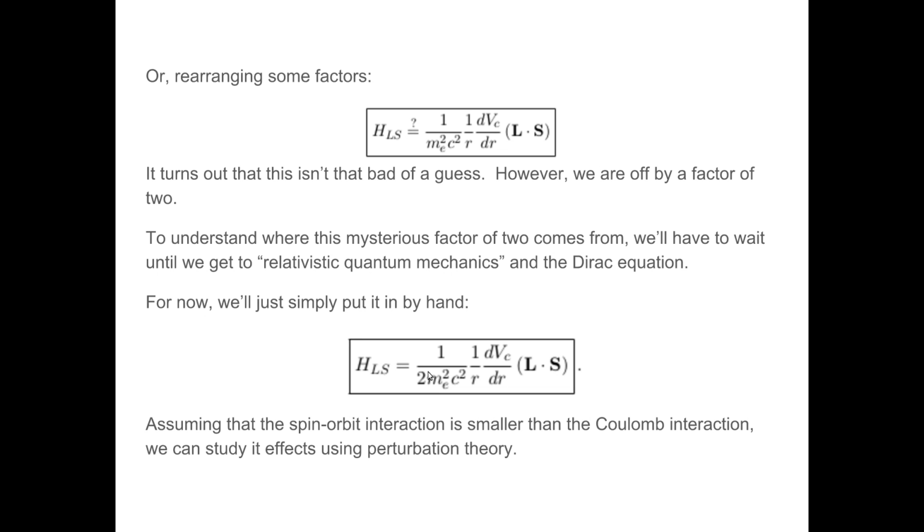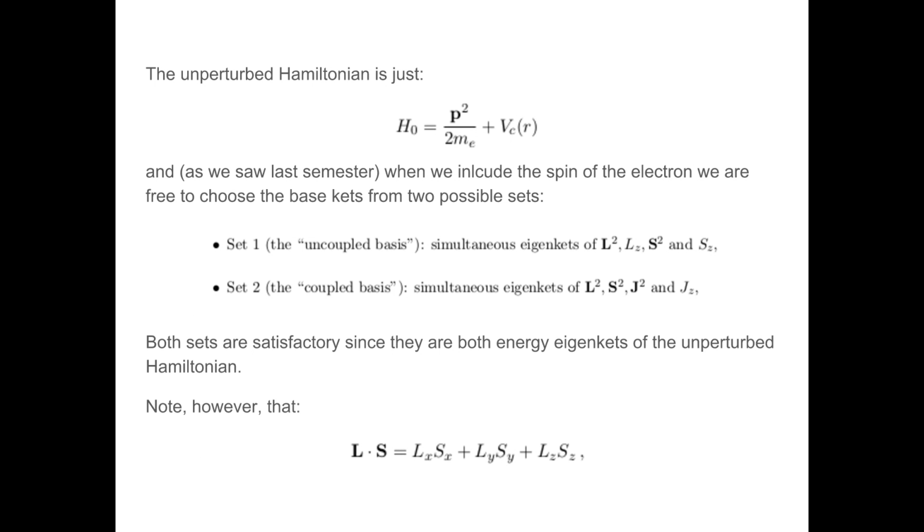Now what we want to try to do is plug this in and treat it as a perturbation and see how it affects the energy levels of the hydrogen atom, right? So we know that the unperturbed Hamiltonian looks like this. And when we include the spin of the electron and we're trying to solve for the eigenfunctions, we basically have two choices.